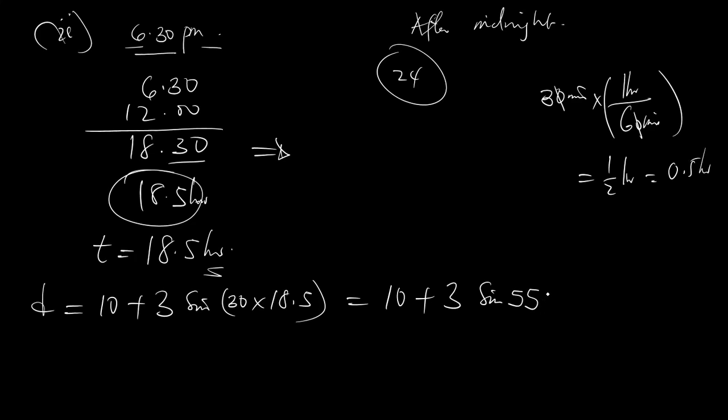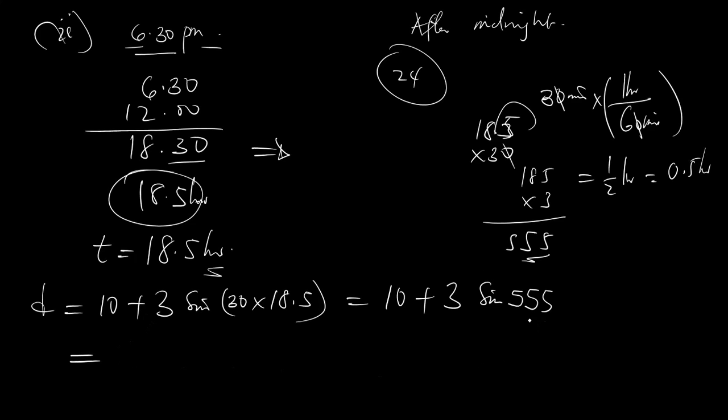Let me see, 18.5 times 30. Taking off the 0, you have 18.5 times 3. So this will be 555. So that is correct.